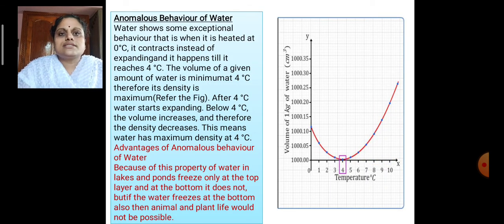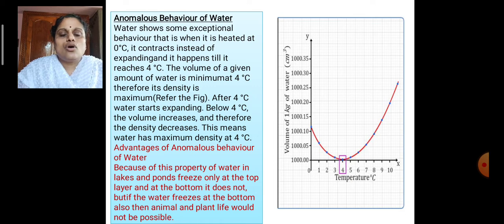Now let us discuss the anomalous behavior of water. Water shows some exceptional behavior: when it is heated from 0 degrees centigrade, it contracts instead of expanding, and this happens till it reaches 4 degrees centigrade.